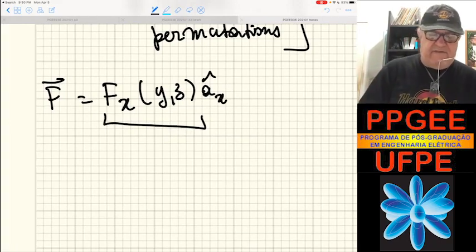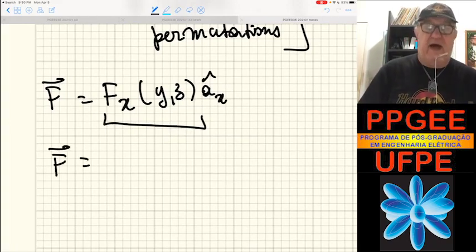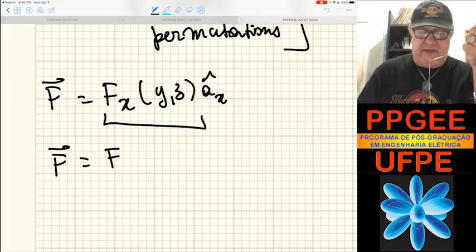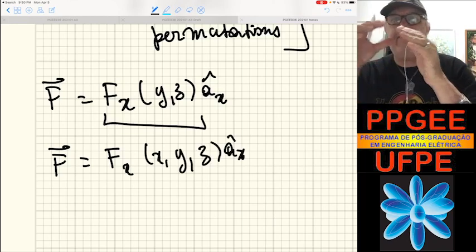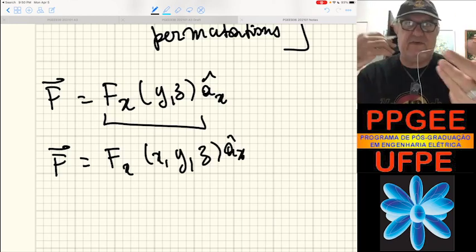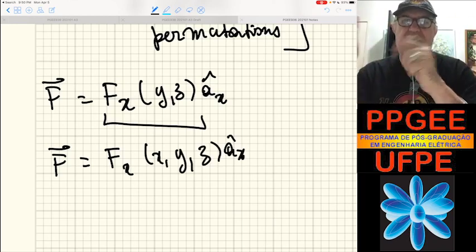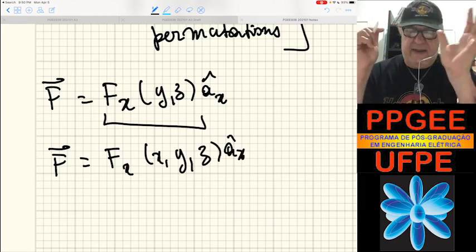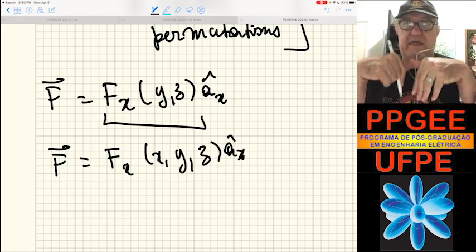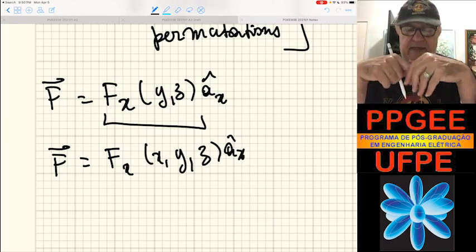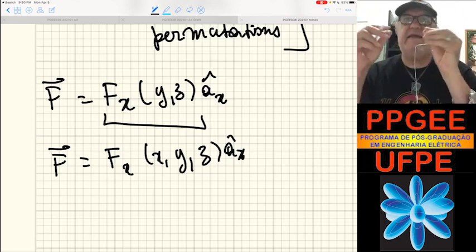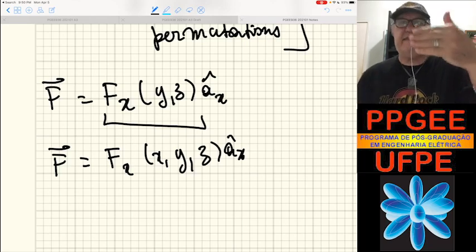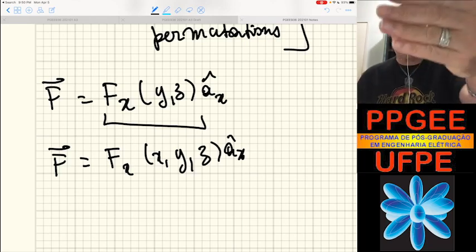On the other hand, if the field has one component, but the variation also depends on x, you are going to have the derivative of fx relative to x, which is not zero. In this case it would certainly have a divergence, right? It's a field that picks up as it goes along the direction.